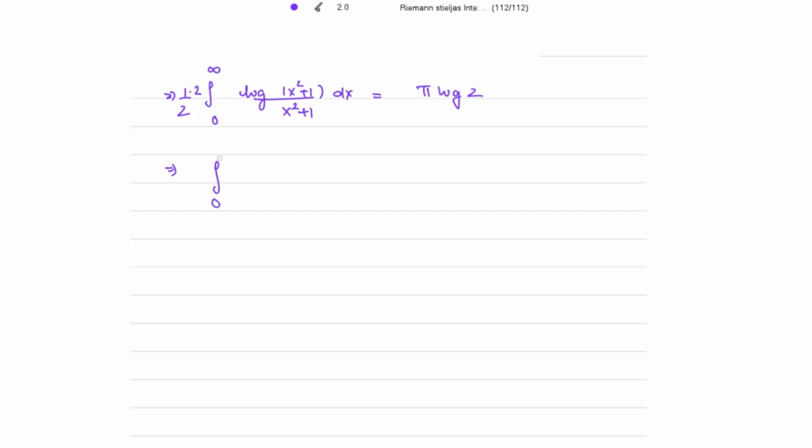So finally, the integral from 0 to infinity of log of (x squared plus 1) over (x squared plus 1) dx is equal to pi log 2. So easy to understand.